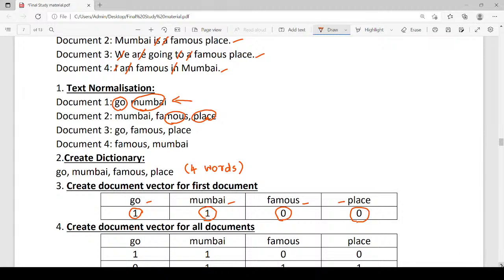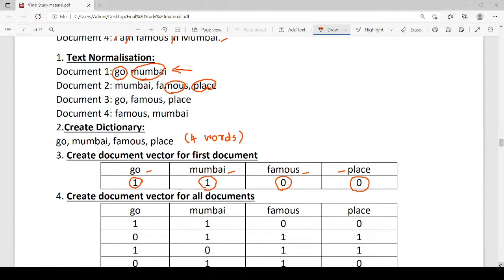Now in the fourth step, I'm going to create the document vector for the rest of the documents. Here, I'm writing down the numbers for all the words that have occurred. If you see in document number 2, I see Mumbai, famous and place occurring once. So I'm writing 1 for each of these words. Got it? Now in the third document, I find the words go, famous and place.